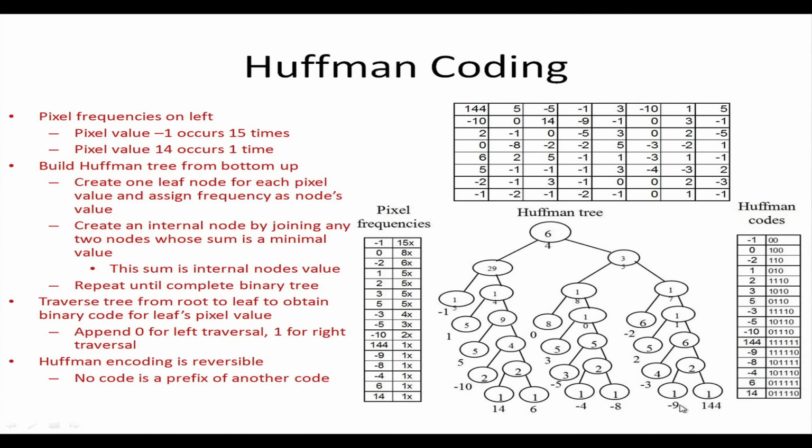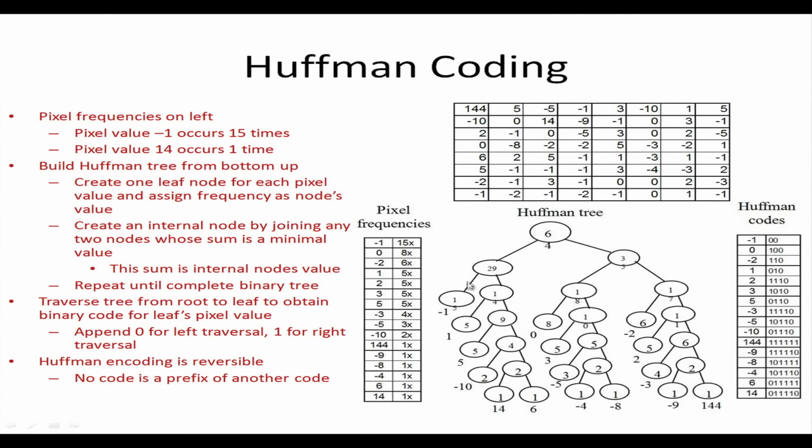If I join these two, -9 and 14, my frequency comes to be 2. In that way, at every stage I select the nodes and pair them up, so that their sum, that internal node value, is the minimal for that stage. And I repeat this until I get the complete binary tree.